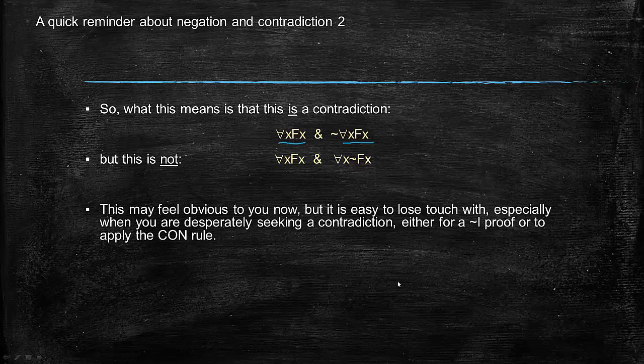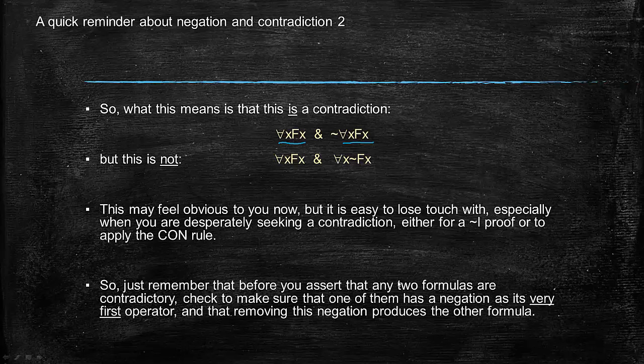The answer is, can you break off the negation from one of them and produce the other formula? That's the only way you have a contradiction: if there's a negation on the outside of one of the formulas and breaking it off produces the other formula. So you've always got to submit yourself to that if you're going to assert that two formulas are contradictory.